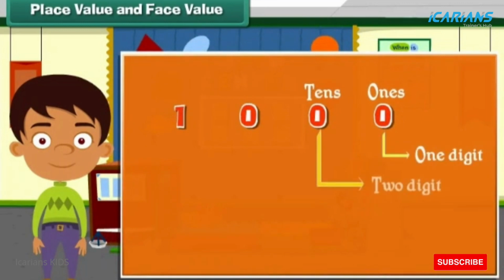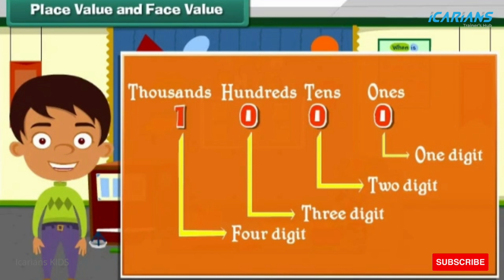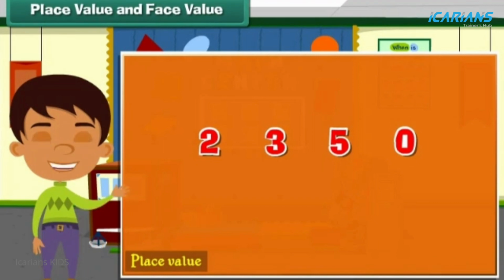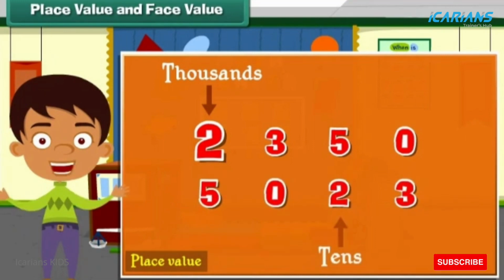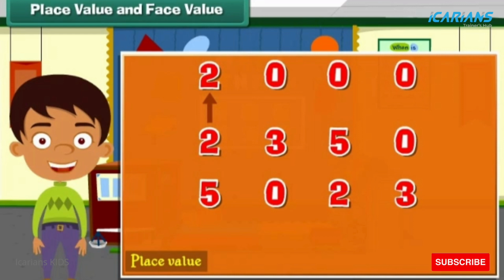Place value and face value. Ones, tens, hundreds and thousands are all place values of a digit. The place value of a digit helps us to determine its value. For example, the digit 2 is at the thousands place in the number 2350, whereas it is at the tens place in the number 5023. Hence, the value of 2 in 2350 is 2 thousands and in 5023 it is 2 tens, that is 20.